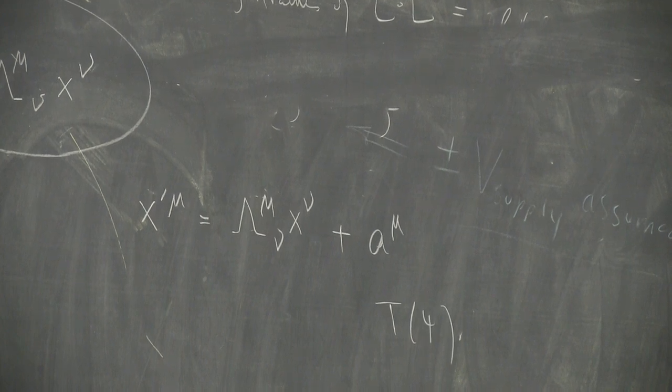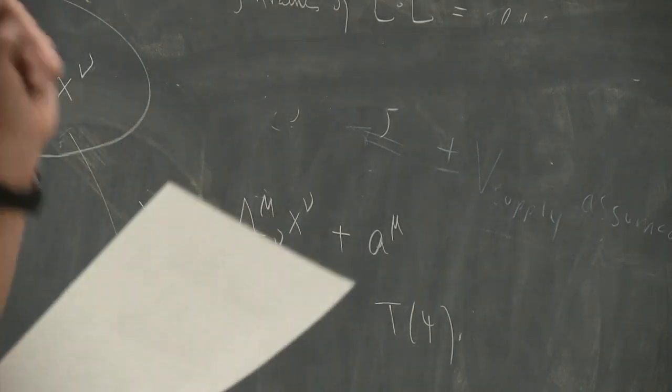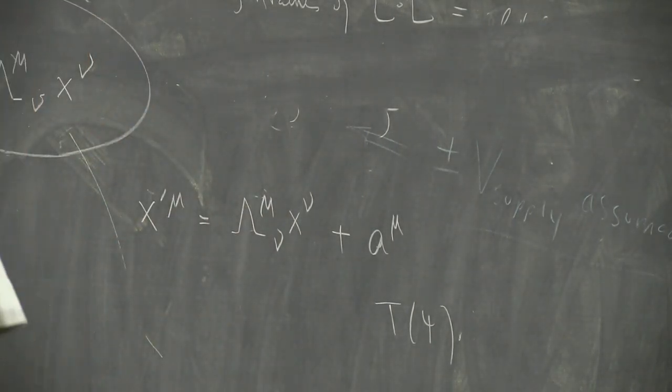And obviously, the translation group is an abelian group. You can translate one way first and then the other way. It doesn't matter which way you go first. So T4 is an abelian subgroup of the Poincare group, and at the same time it's a normal subgroup. It's a normal abelian subgroup of the Poincare group.